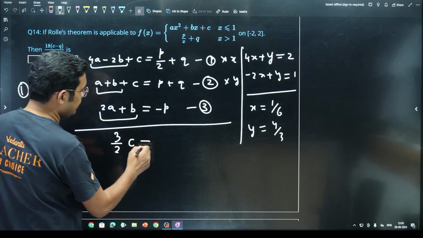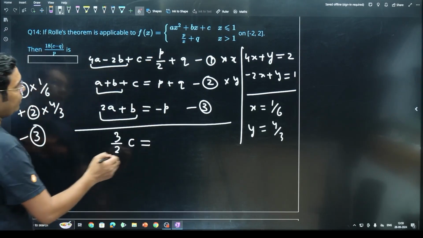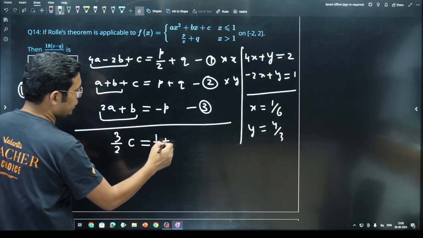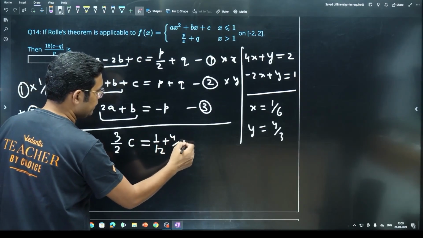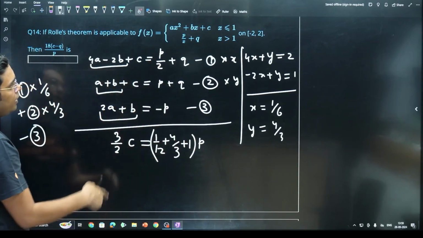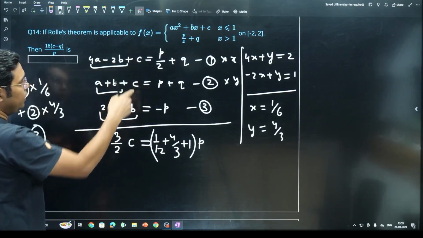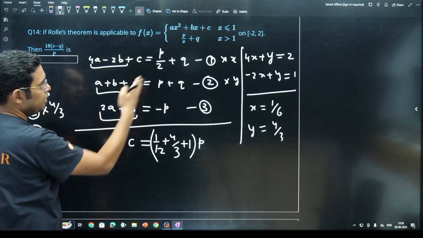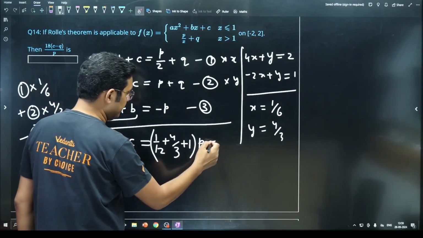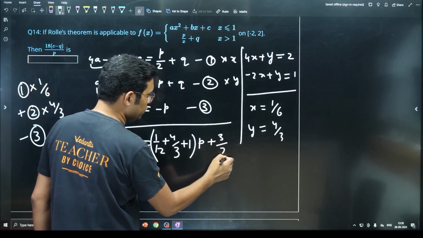And on the right hand side, the term of p will be 1 by 12 plus 4 by 3 minus 1, times p. And for q, the calculation is very similar to c only, because here it is c, here it is q. So they will have the same coefficient, that will be 3 by 2 q.